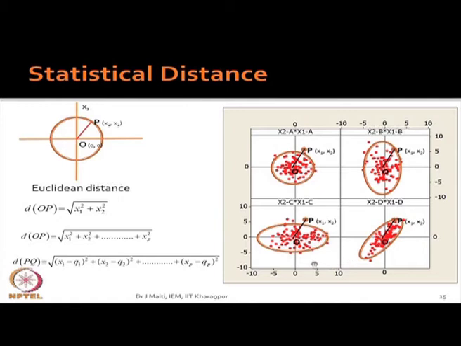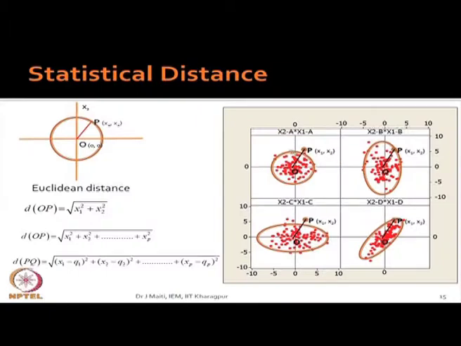But in the second, the variability along x2 is more, in the third the variability along x1 is more, and in the fourth there is a change in variability as well as correlation between the two variables. The first one is random, in the sense that the two variables are independent. In the second and third also the two variables are independent. Only in the fourth are the variables dependent.